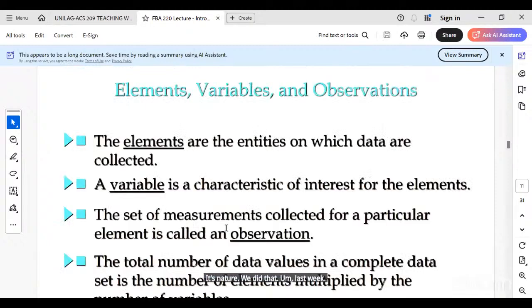Okay, there are also other terms like elements. Elements are entities on which data are collected. Elements could be individuals. For instance, I'm dealing with 200 level accounting students, and I'm interested in your average age.